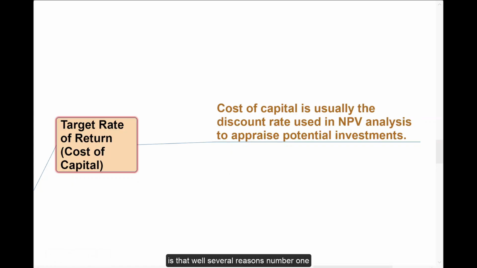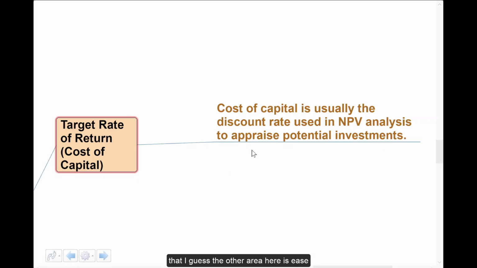Number one, as mentioned up top, the cost of capital is the cost of financing the business through the form of, let's say, debt and equity. That's number one. Now, if we're financing ourselves at a particular cost, then it makes sense to appraise investment appraisal projects at that value, because obviously if it's higher or lower, we're going to make decisions on that.